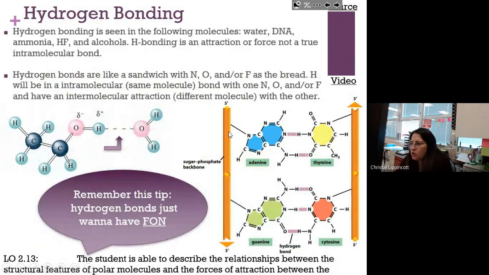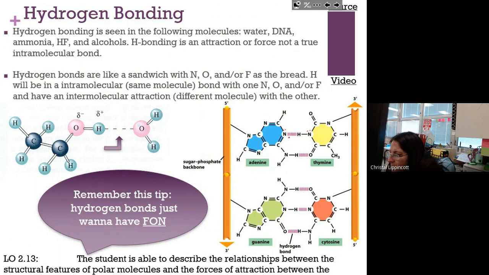Okay. Hydrogen bonding then. Again, you've got to have, and this is your DNA. So you have hydrogen attached to a nitrogen that has at least one lone pair of electrons. Okay, lone pair of electrons here.